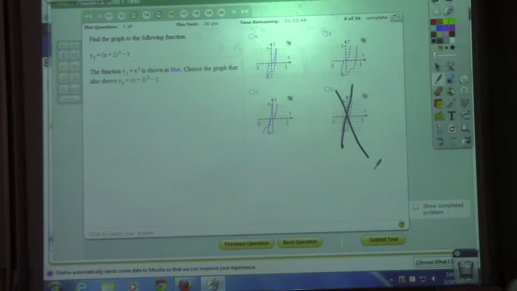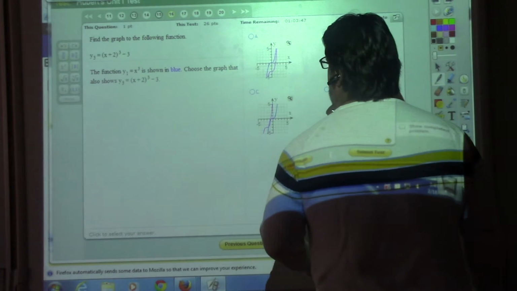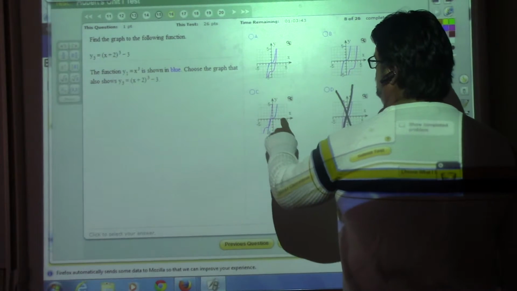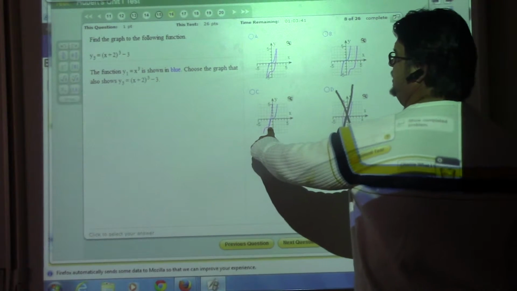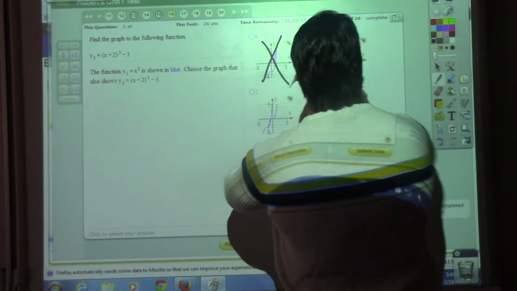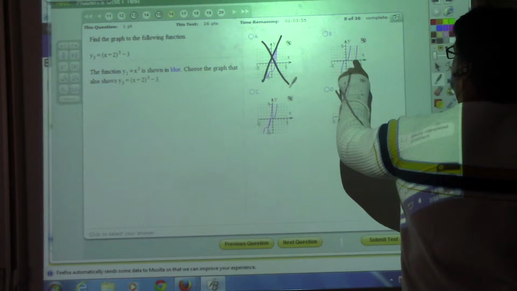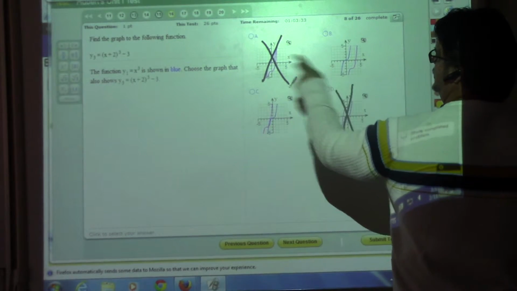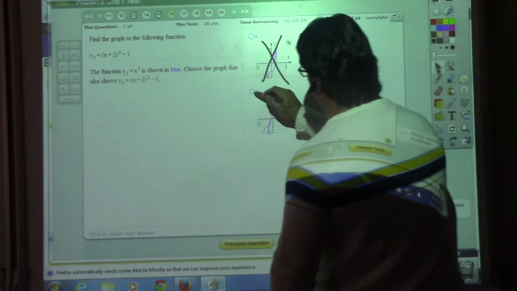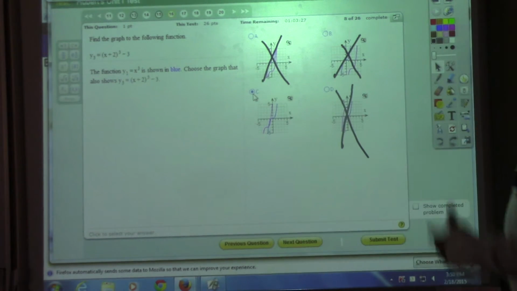We need a horizontal shift of -3, 2 to the left. This one has no horizontal shift. This one is 2 to the right and 3 down. Nope. So the answer is C. Another gimme. That one shouldn't take no more than 30 seconds.